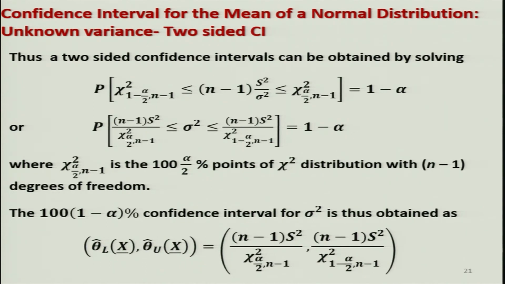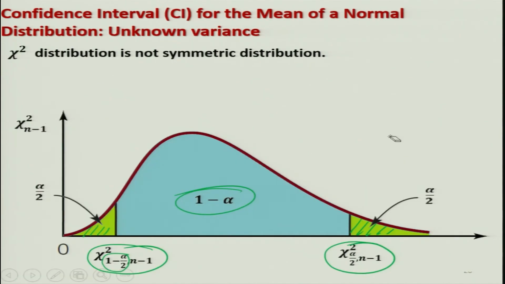Now I use this statistic, n minus 1 S square upon sigma square, to find the confidence interval. This is the curve of chi-square with n minus 1 degrees of freedom, and this is n minus 1 into S square upon sigma square.